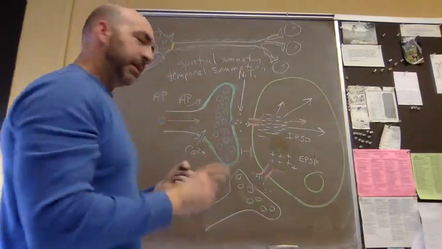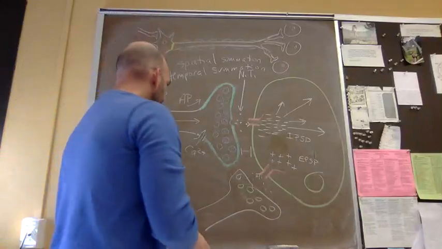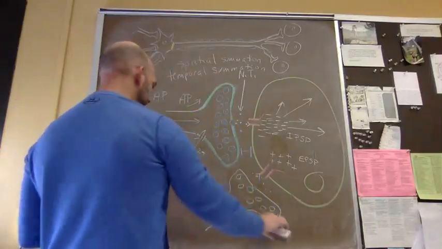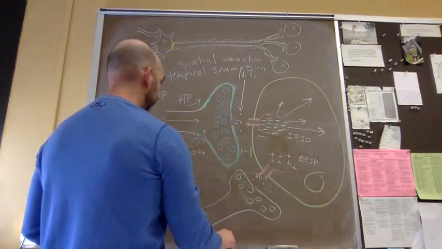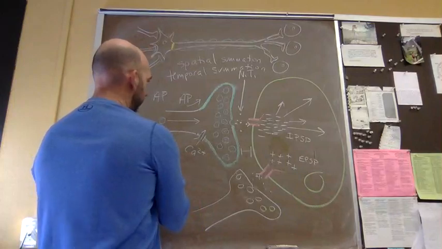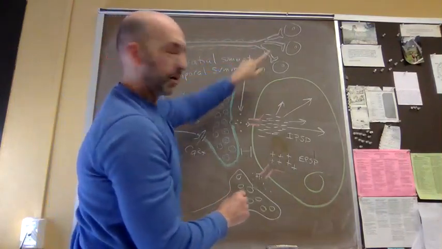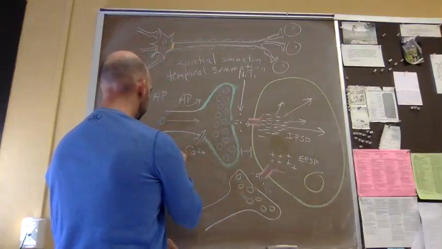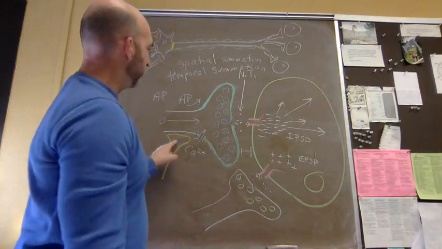Okay, there's another version called axonal. And what these guys do is they synapse, figure out where I want to add them here. They do not synapse here. They synapse way over here. Right, so I'm going to put them on here, like way at the very end of the system.